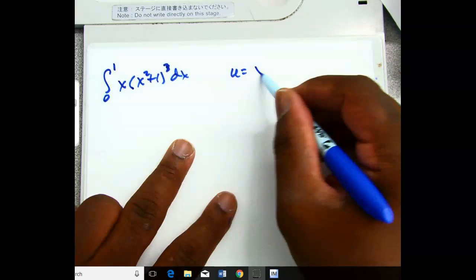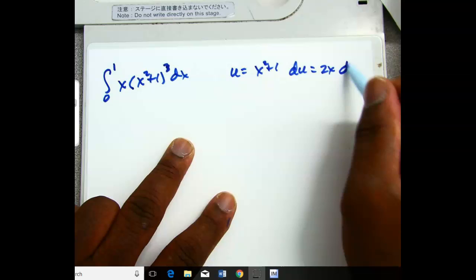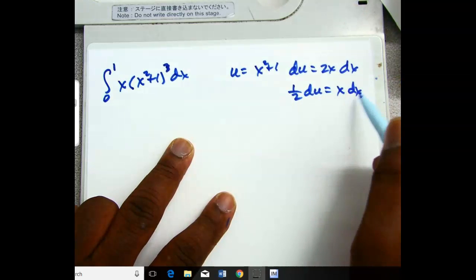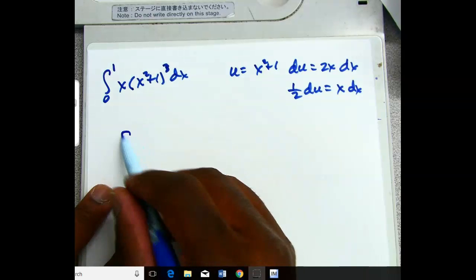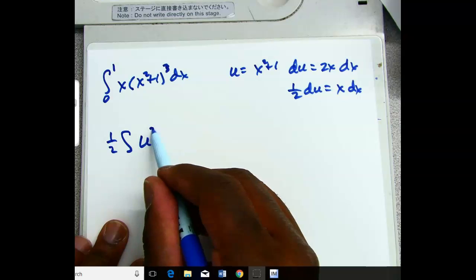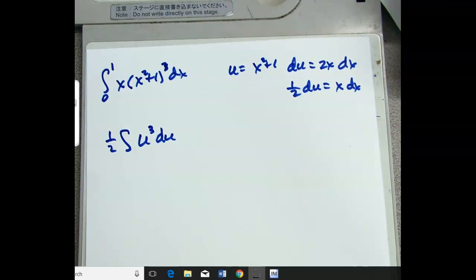U was x squared plus 1, du is 2x dx, 1/2 du is equal to x dx. So we had the integral of 1/2 u cubed du. Okay, but now I'm going to solve this without back substituting in the x. So I'm going to keep everything in terms of u. So that includes my limits as well.